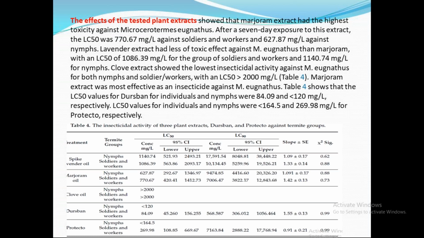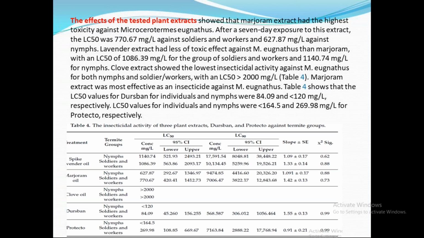Table number 4 shows that the LC50 values of Dursban for individuals and nymphs were 84 and less than 120 milligrams per liter. Protector shows LC50 values of less than 164 and 265 milligrams per liter.